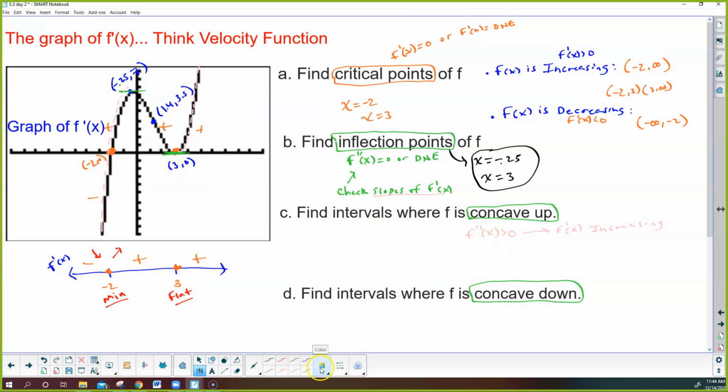All right, so my answer here is our original function, f will be concave up from negative infinity, positive slopes, and then from 3, so negative infinity to negative 2.5, and then I have positive slopes again past 3. So from 3 to infinity.